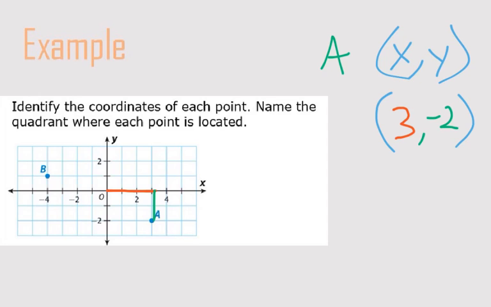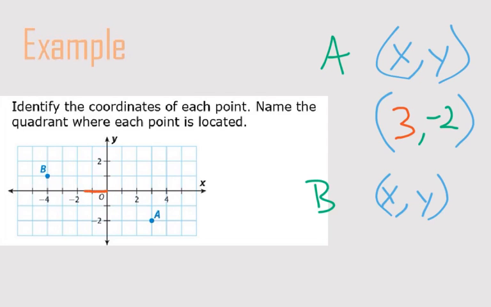When you go to the right, it's a positive number. But when you go down, it's a negative number. So point A would be at positive 3, negative 2. Let's look at point B now. Again, same thing. We're looking for the X and Y ordered pair. For B, we will also start with the x-axis.